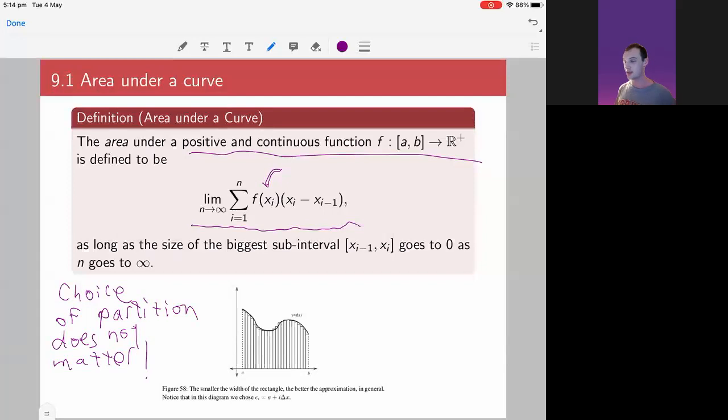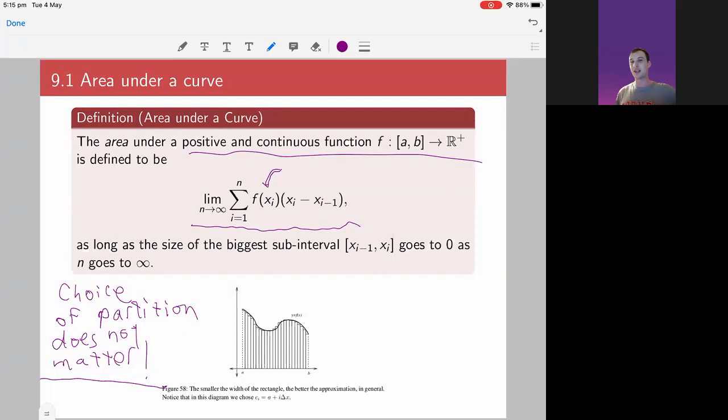Whenever you define something, if you're defining the area under the curve, you really want that definition to be independent of the choice of partitions you use. You don't want to choose one sequence of partitions to get one answer and then choose another sequence of partitions and get a different answer. What is so great about this definition, even though we're not going to show it, is that it doesn't matter what sequence of partitions you choose, as long as the width of the biggest subinterval of these partitions does shrink.